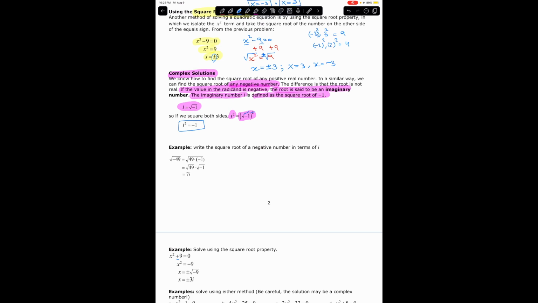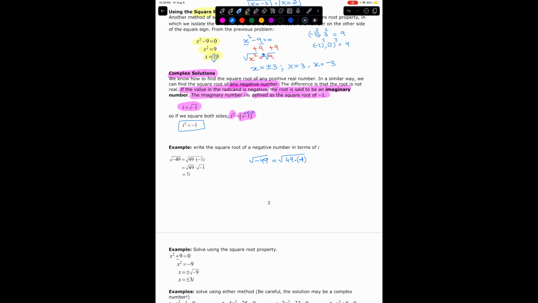Let's assume that you have the square root of negative 49. We know the square root of 49 is a positive number. However, the square root of negative 49, if you plug it into the calculator without changing the mode, is going to give you an error. So how do we fix that? We know that the square root of negative 49 can be written as the square root of 49 times negative 1.